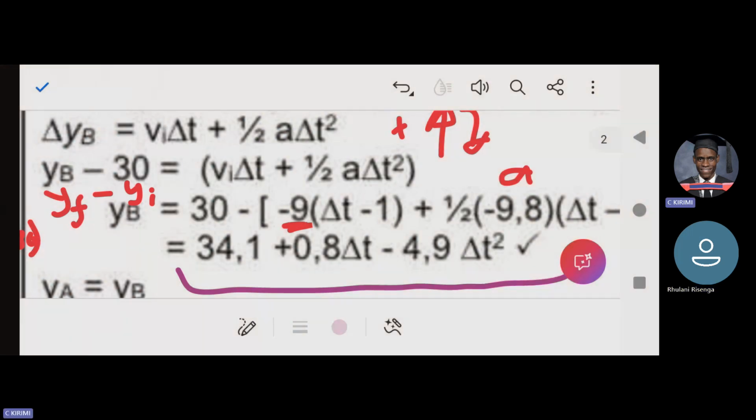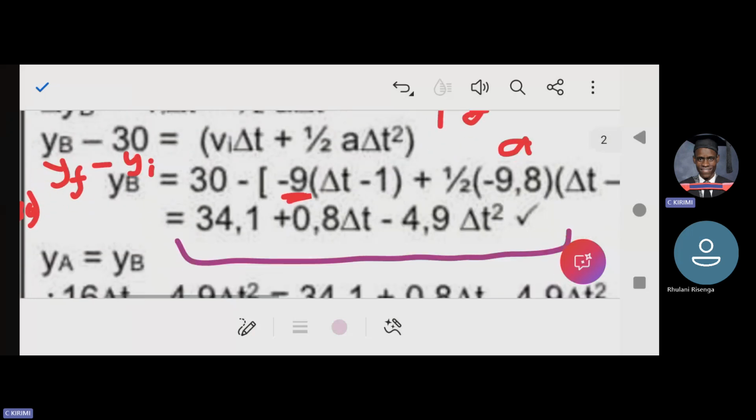Oh, okay. Which means here, instead of this minus, they are supposed to say 30 what? Plus. Is that what you're saying? Yes.